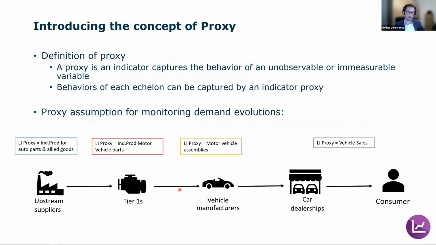In this value chain, we have summarized the value chain for automotive producers. We have upstream suppliers that supply goods for a tier 1 supplier. That tier 1 supplier makes parts that go into vehicles, and those vehicles are typically sold via dealerships to consumers. What we know here is that the vehicle manufacturers have the most power in that value chain.